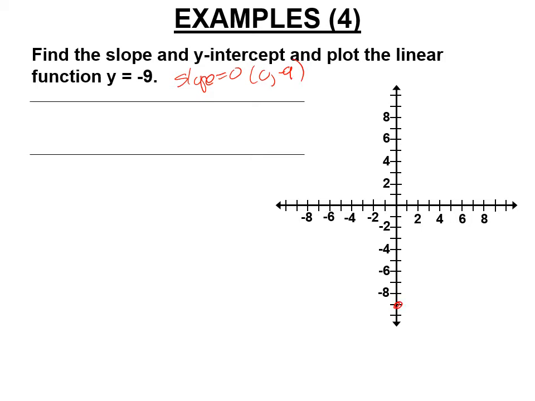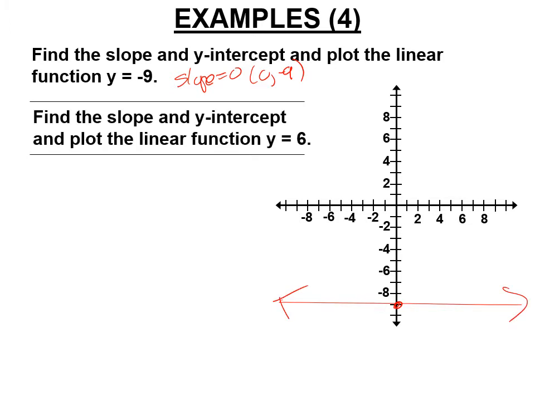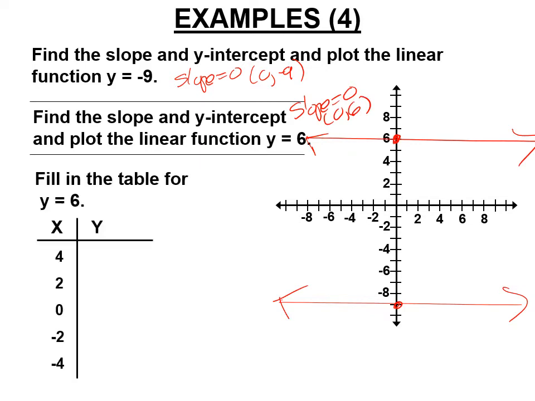So it's down there, and we're drawing a horizontal line. Y equals 6, y-intercept is (0, 6), and we get another horizontal line. The y-coordinate of that one is always 6. Slope equals 0, and (0, 6) is the y-intercept.